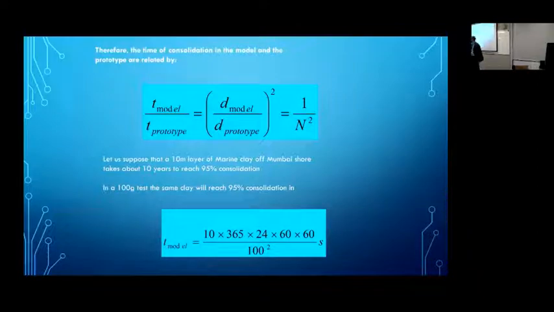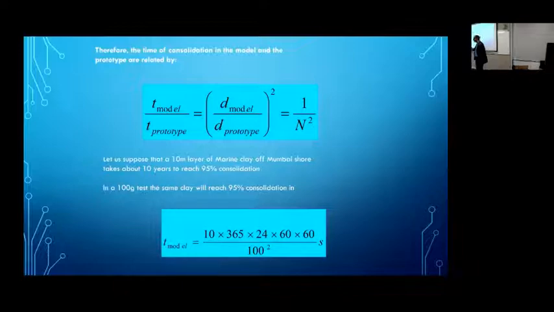This is quite useful because, for example, if I have a 10-meter thick submarine clay deposit on which I'm trying to construct, especially offshore Mumbai, it probably takes about 10 years to get to something like 95% consolidation.